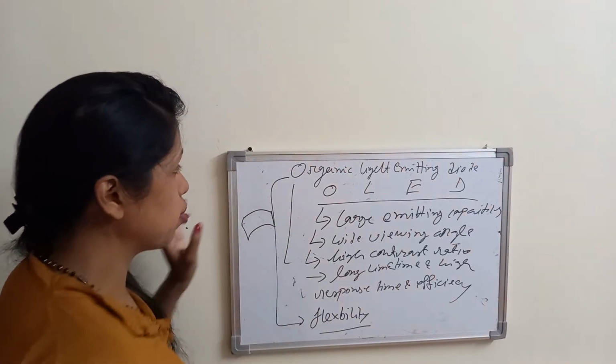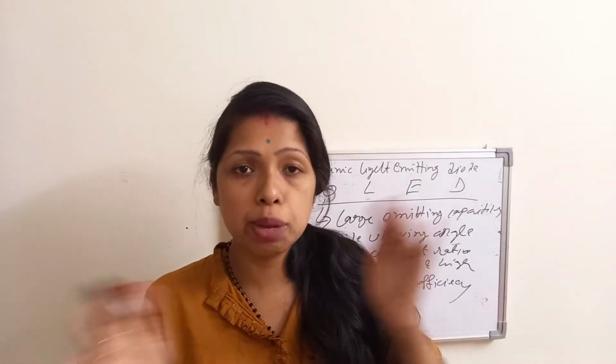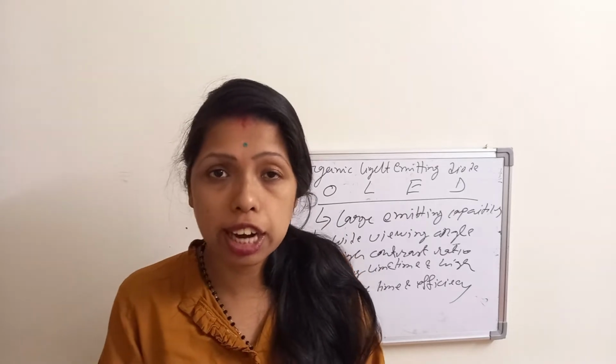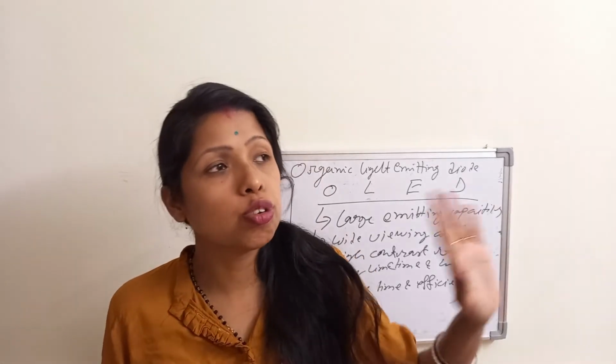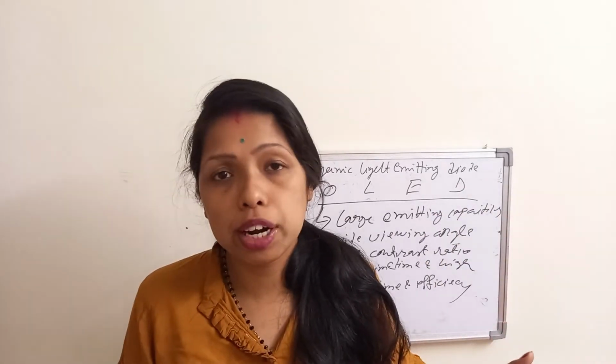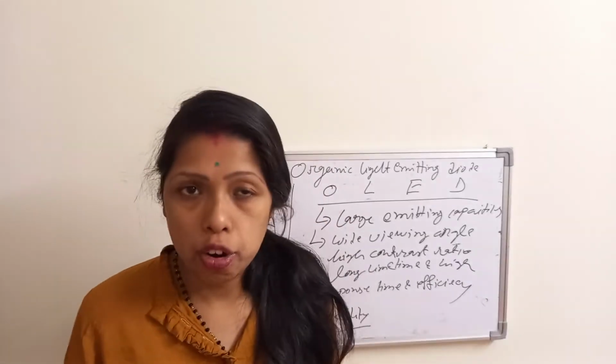That means we can design the substrate over which we can deposit different kinds of layers for designing the organic light emitting diode. So we can use a flexible substrate. If we want to design a light emitting diode for a smart watch, for this kind of devices we can use the flexible display. So for flexible display, we can easily use the organic light emitting diode, right?